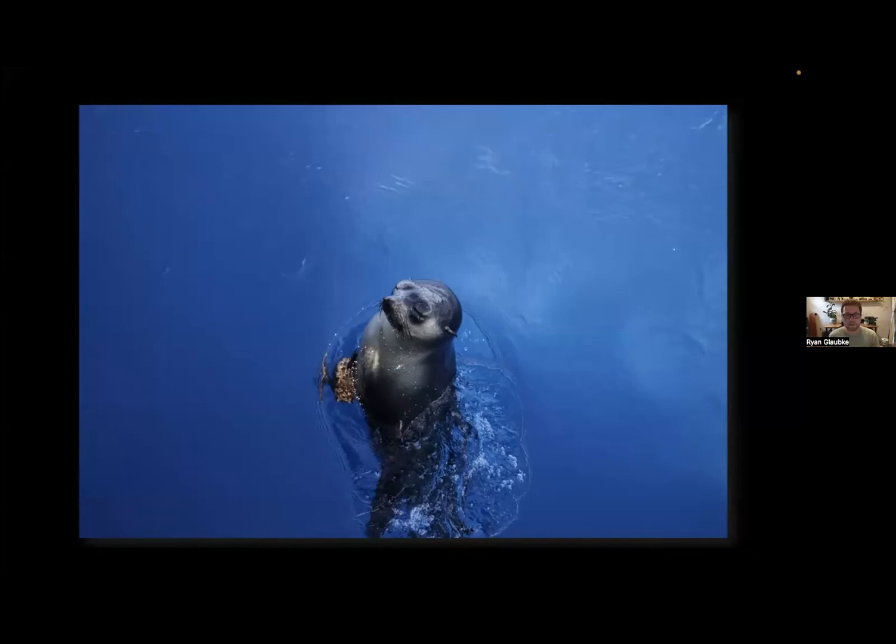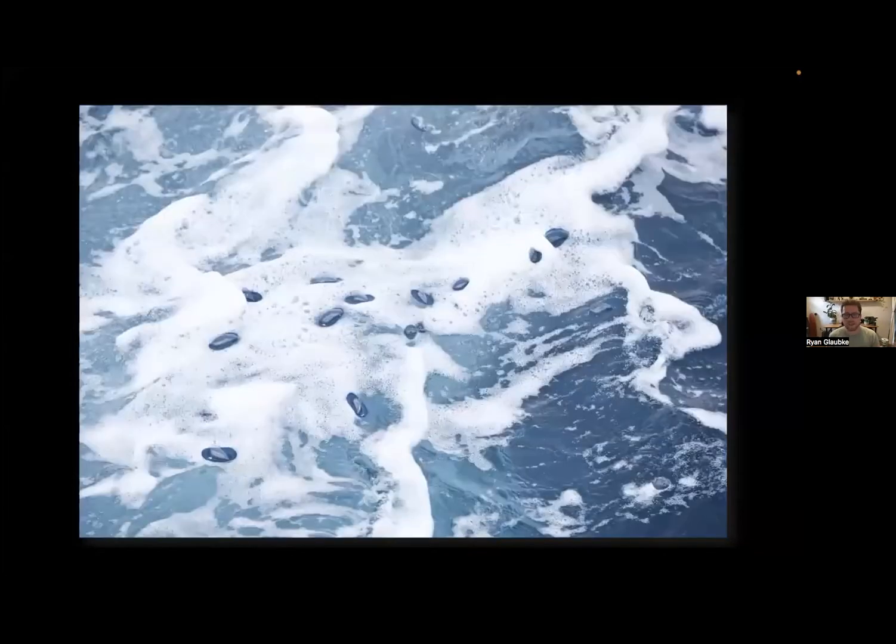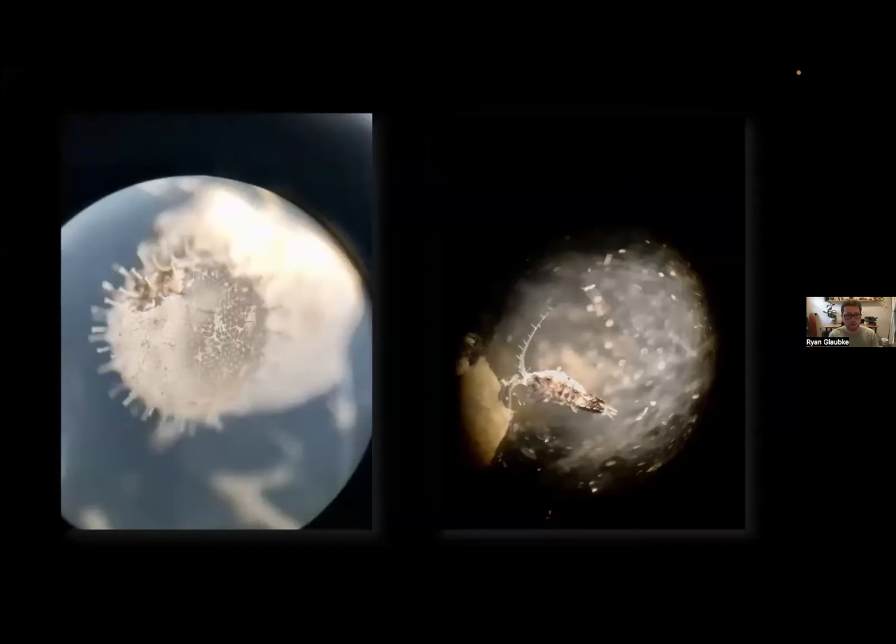But we saw a bunch of jellyfish, and then even under the microscope, you saw a great diversity of life in our samples. So these are just a few examples of that. So no sharks, incidentally, but a lot of great examples of marine life. Now let me go back to the questions here, sorry.